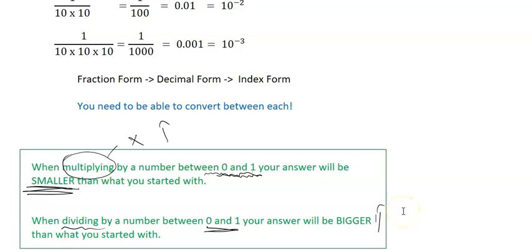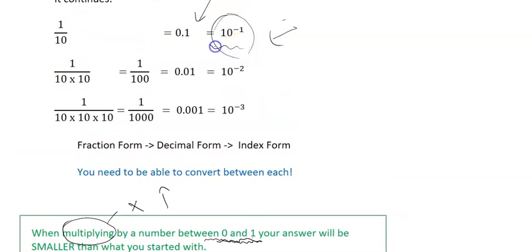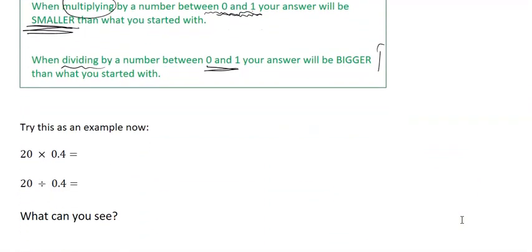So you need to be very aware that if you are using any sort of negative index numbers, any sort of decimal, any sort of fraction, when multiplying and dividing, it's going to end up doing the opposite, okay?